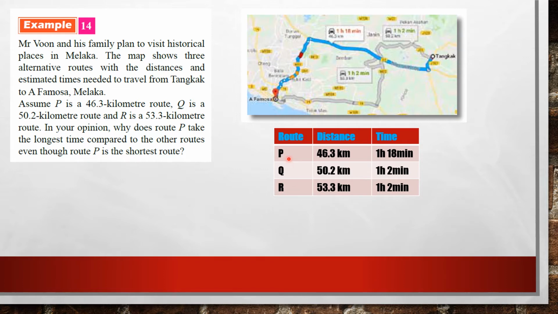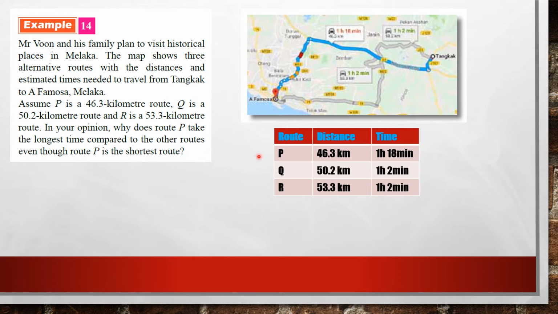Route P, the distance is 46.3 km and time taken is 1 hour 18 minutes. Route Q is 50.2 km and time taken is 1 hour 2 minutes. Route R is 53.3 km and time taken is 1 hour 2 minutes. So the question, in your opinion, why does route P take the longest time compared to the other routes, even though route P is the shortest route?